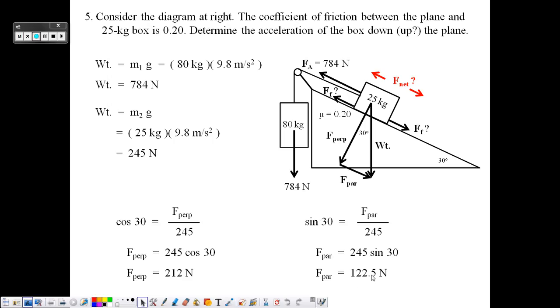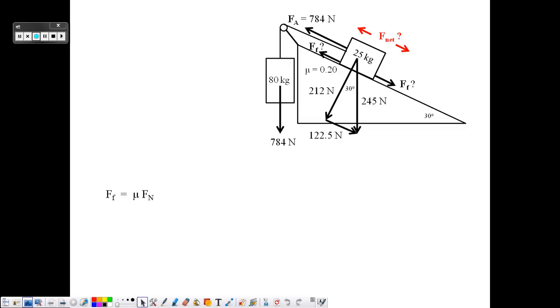Ends up being 122.5 newtons. So I inserted the values in here. Now, we can find the magnitude of the friction force to be 42.4 newtons, by mu times the normal force.